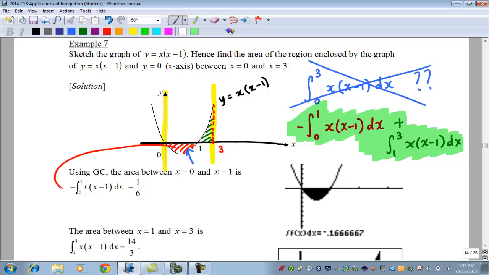For the red shaded part here, we can integrate it manually since it's not that difficult, so I leave it to you. How do we use a GC to help us find it is what you have learned before.